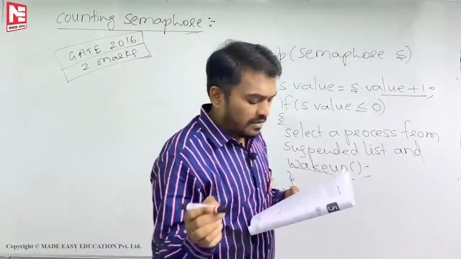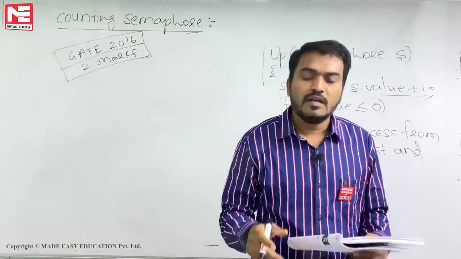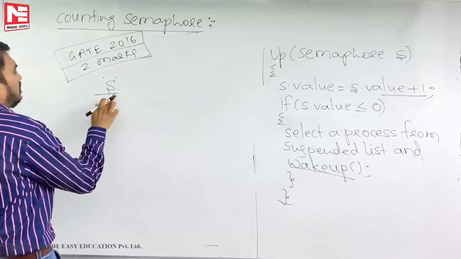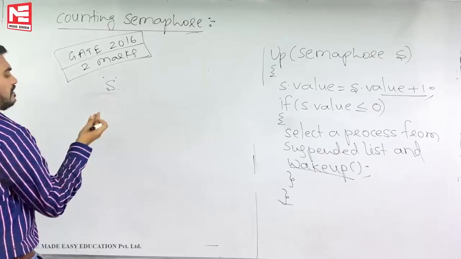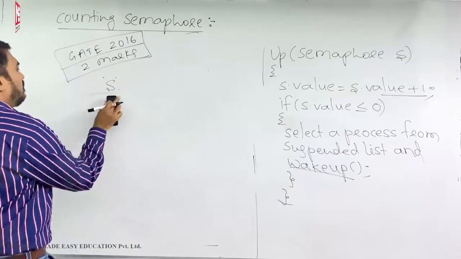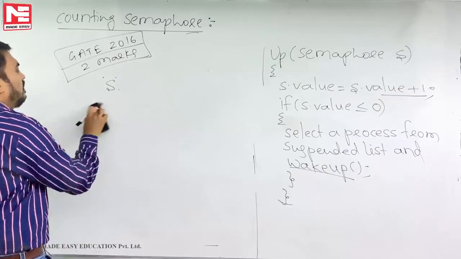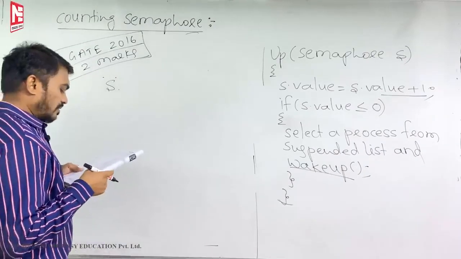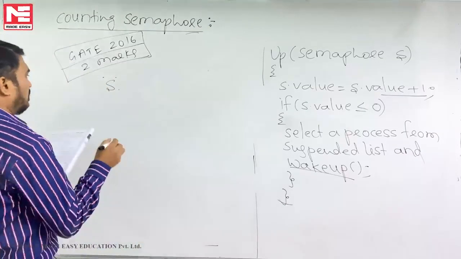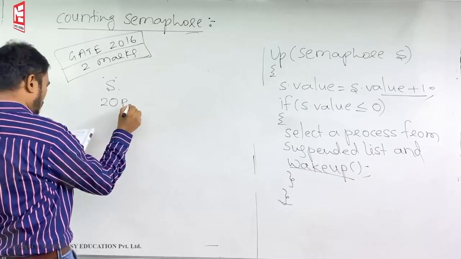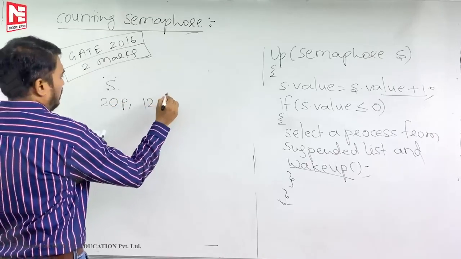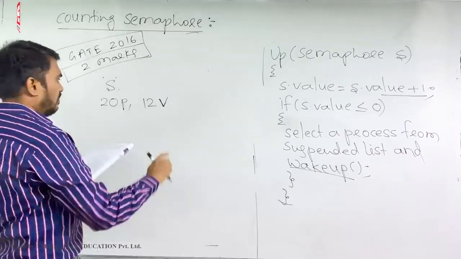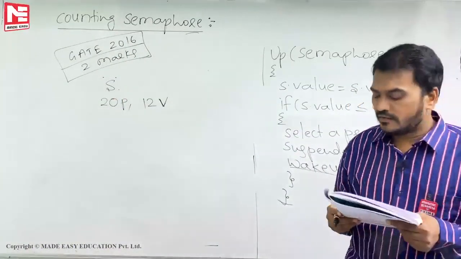Consider a counting semaphore variable S. Then various semaphore operations like 20 P and 12 V are performed.